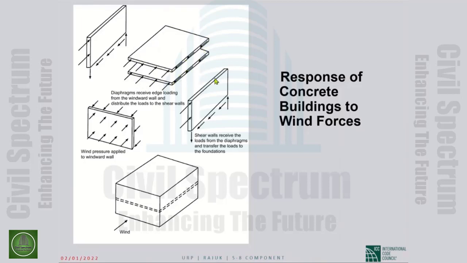Those shears are transferred to the supporting frames or shear walls, which then take the wind loads down to the foundation and the ground underneath. So the wind being transferred from the point of application down to the ground through the floor and roof diaphragms, making this a simple diaphragm building.